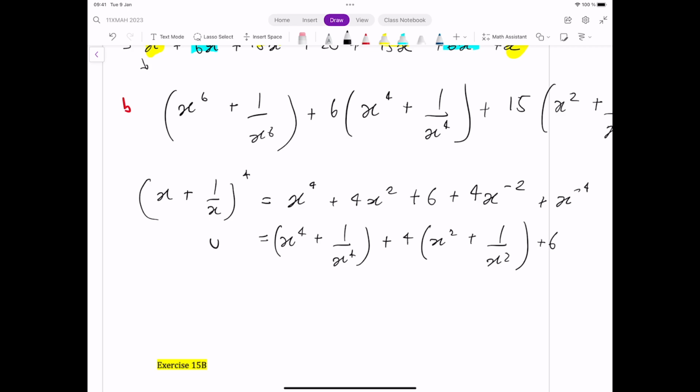And that's going to equal u to the power of 4, because we have told in the question we're going to let u equal x plus 1 on x.